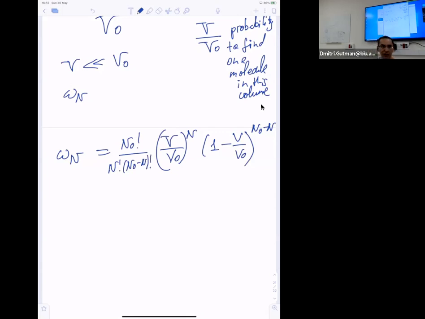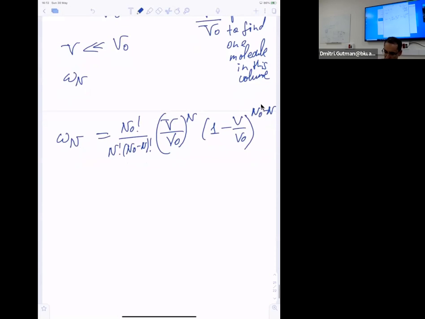So that's statistical physics 1. And if this is the probability, we call this probability binomial. So the distribution of a number of particles within the volume V is binomial.